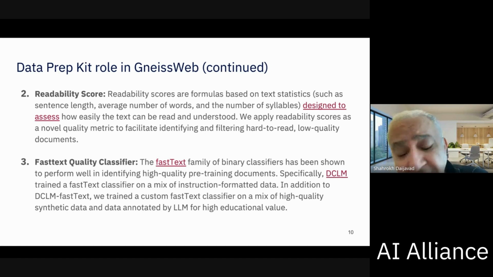Specifically, the DataComp language model trained a fastText classifier on a mix of instruction formatted data, and in addition to this DCLM fastText, which we use, we trained a custom fastText classifier using synthetic data. The combination of both the DCLM one plus the custom one we created with synthetic data is very effective, and it identifies higher quality documents that should be retained and filters out the lower quality documents.